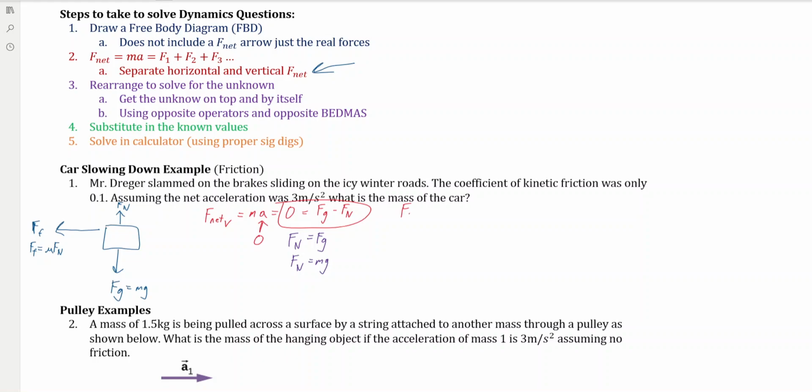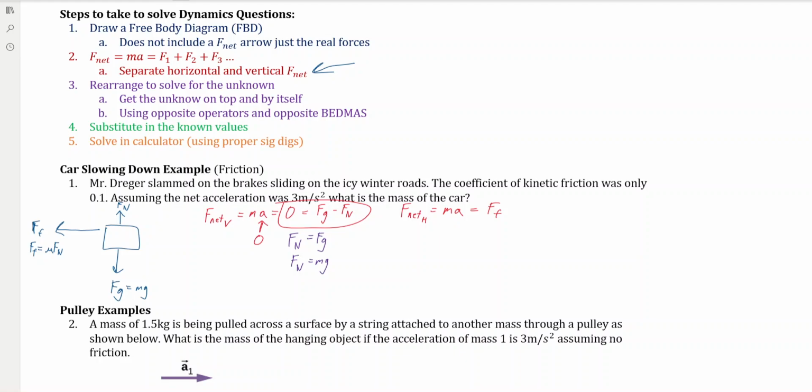What about the horizontal? F net horizontal equals ma. Now, is our acceleration 0? No, actually the acceleration is 3 meters per second squared, given in the question. So we cannot say it's 0, but the only force acting upon it is the force of friction.